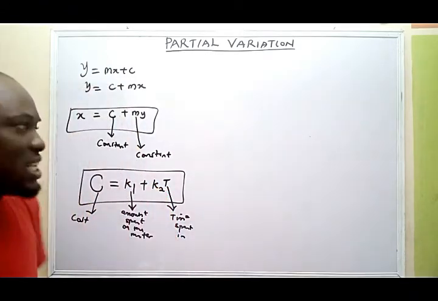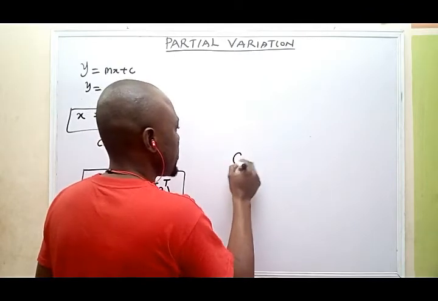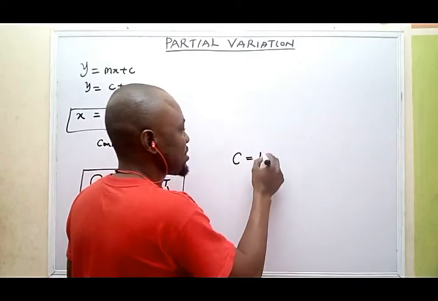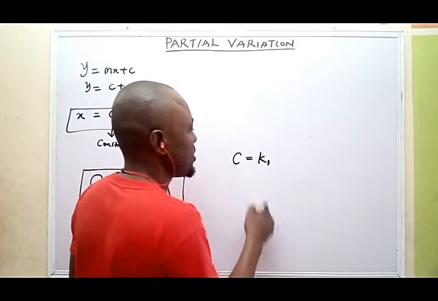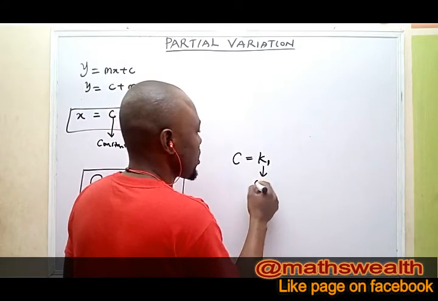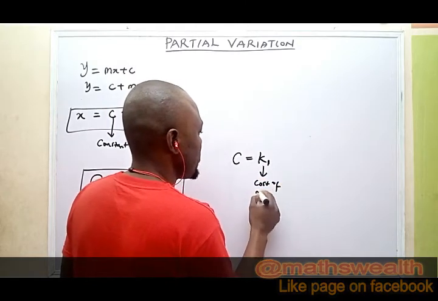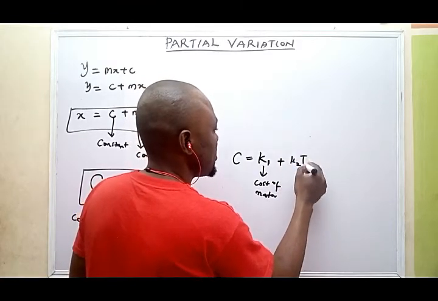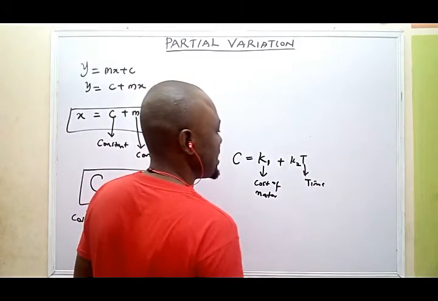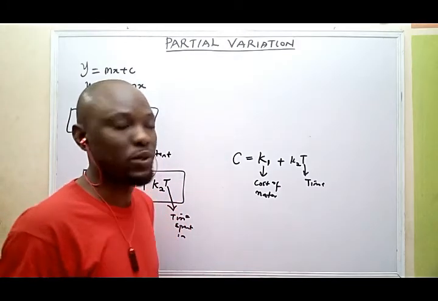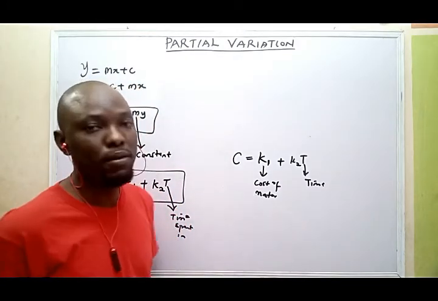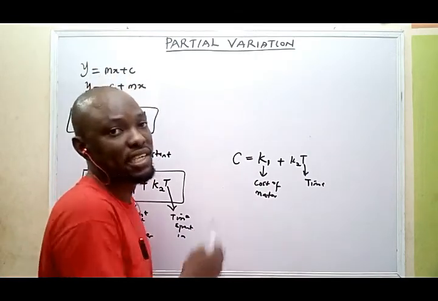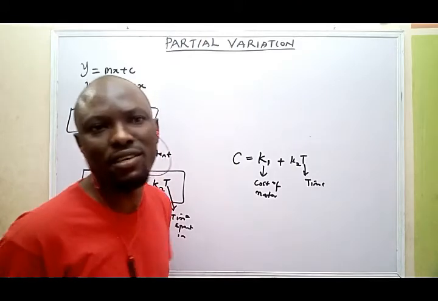So if I want to write an equation for that, this is the cost of making a table. The cost is partly constant. Let me say K1. The partly constant means the cost of the material, plus K2T, the time it takes in making the material. So the cost of the material plus the time it takes to make the material will give us the cost in making the table.